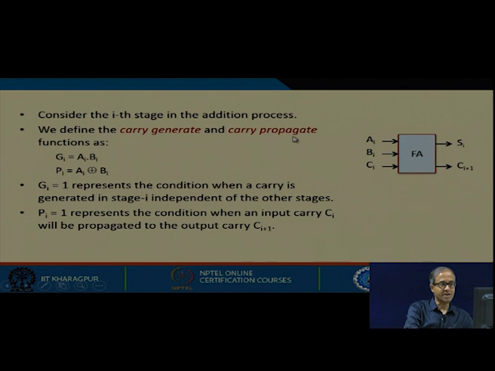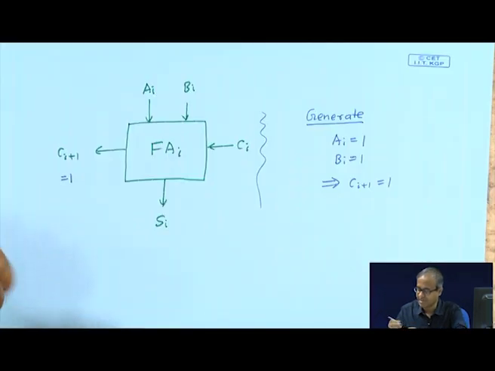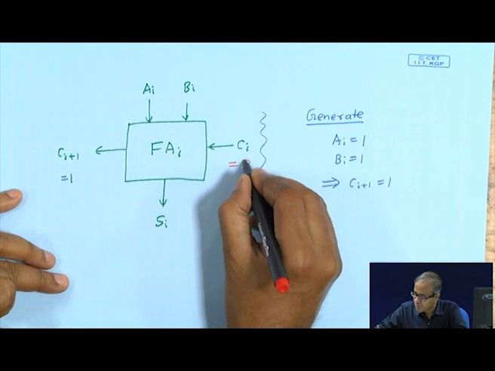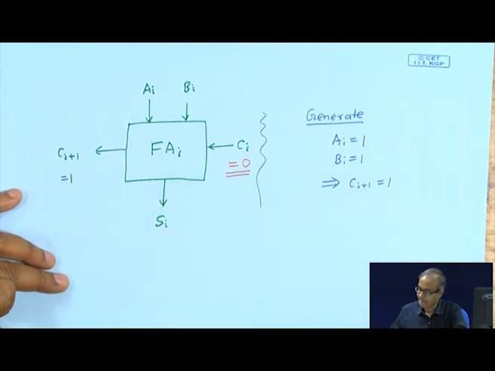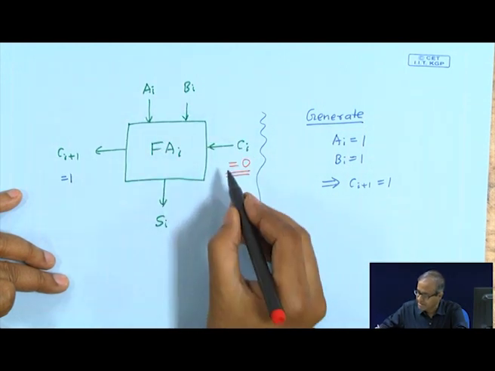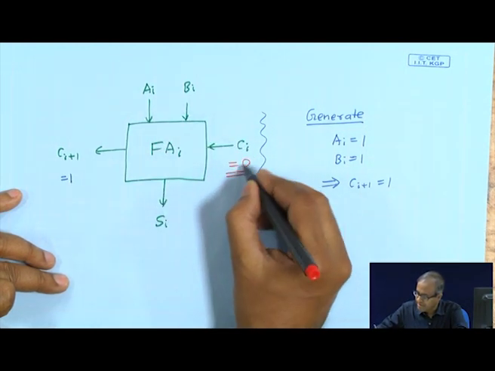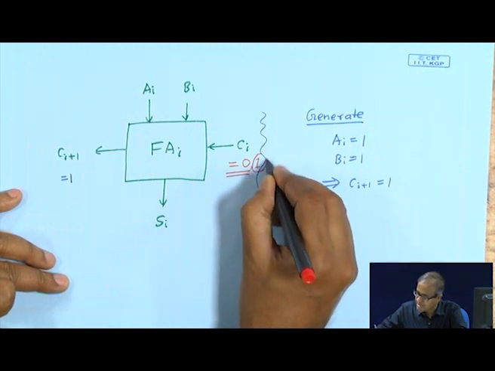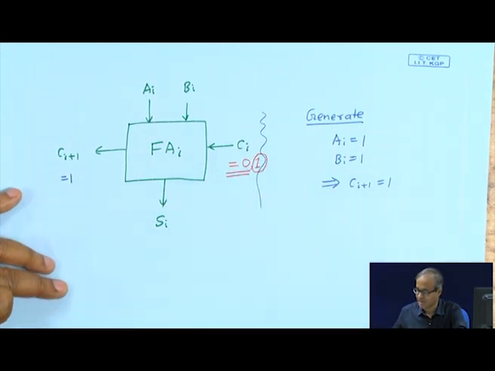The second scenario is called carry propagate. Carry propagate is something like this. Let us say the input carry has come as 1, which means there is an input carry.